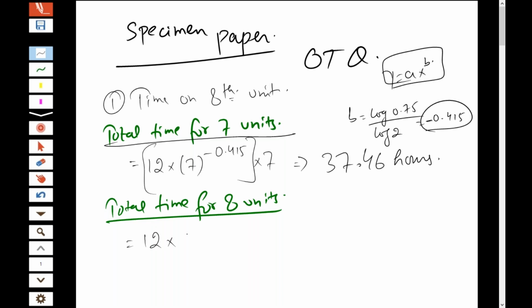That is 12 multiplied by 8 power minus 0.415 multiplied by 8. That is 40.50 hours.